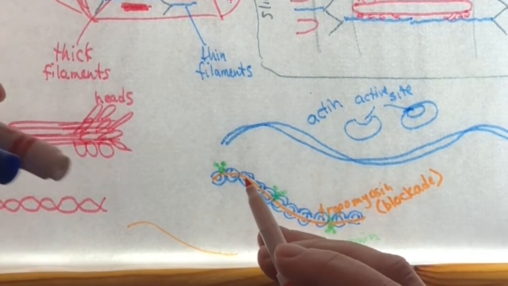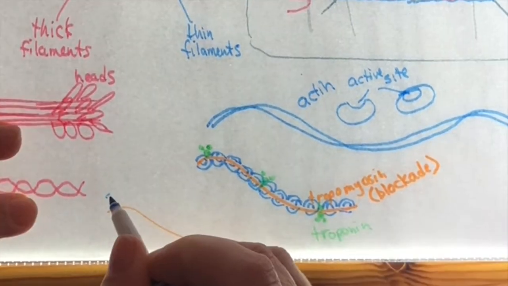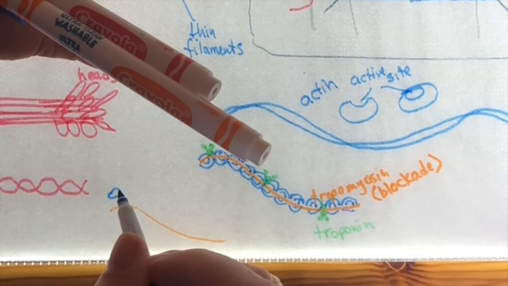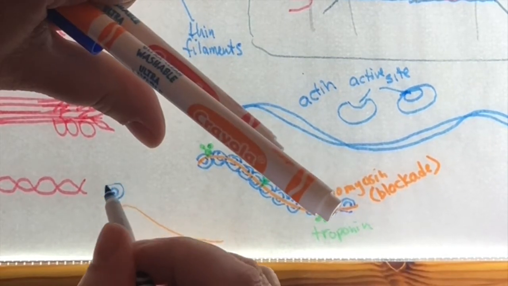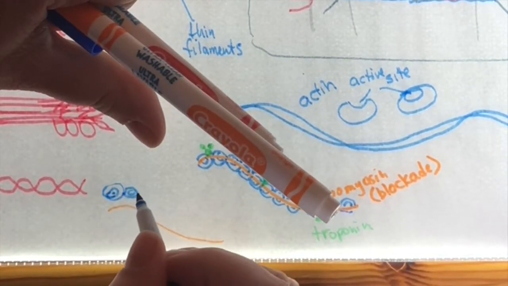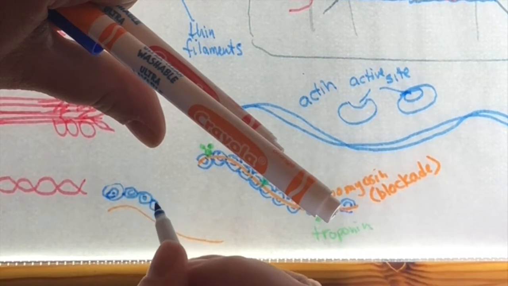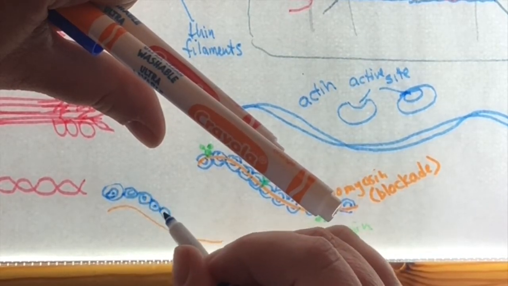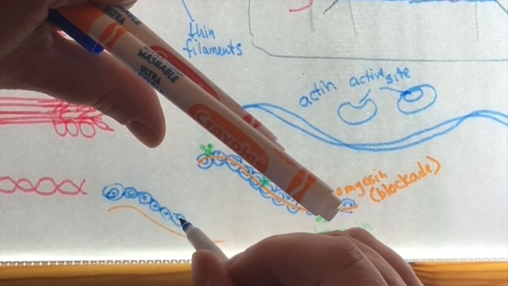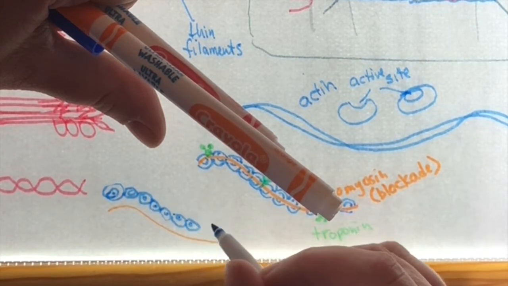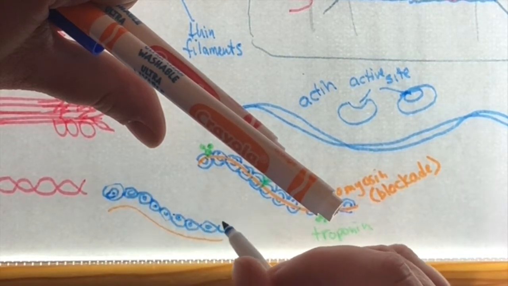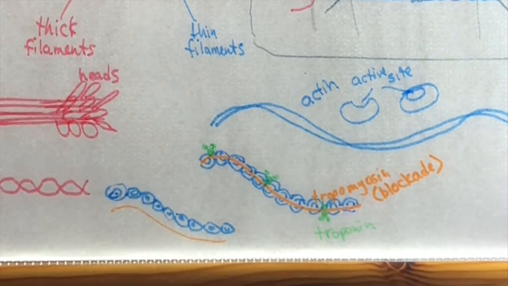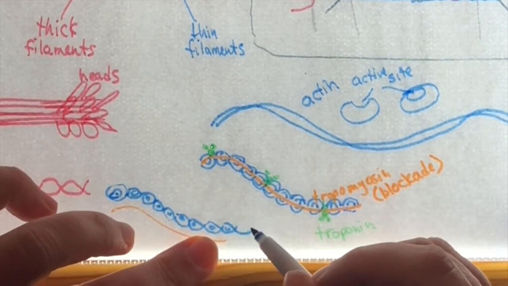So in order for those myosin heads to actually attach, we have to remove the tropomyosin blockade. You'll recall when we drew a really microscopic level of the thin filament that we had three proteins that made up a part of it. The bulk of the thin filament was the actin with the active sites, with the tropomyosin blockade in place and the troponin attached to that.